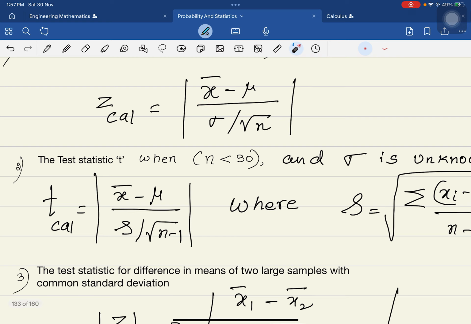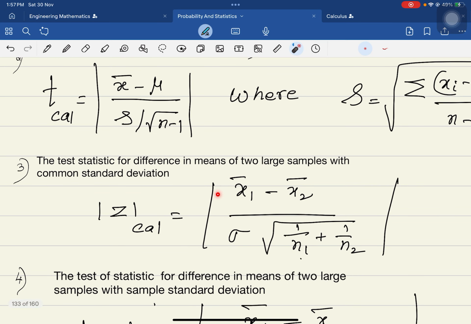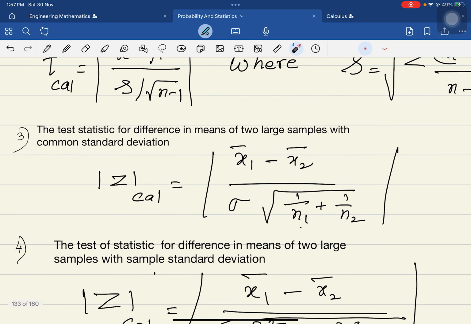Earlier we took the difference between the sample mean and the population mean. Because there are two large samples, we take the difference between the two sample means, and their sample sizes are n1 and n2, and the population standard deviation is known to us, so it is sigma times the square root of 1 over n1 plus 1 over n2. That is the formula.